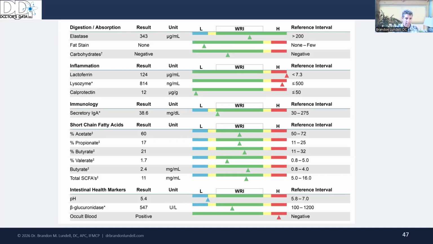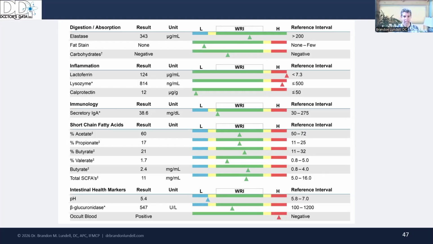Here are your short chain fatty acids, butyrate being the most important clinically, and your total short chain fatty acid. Again, my cutoff ranges are different. A healthy butyrate level for me is above 2.5. If it's lower than that, I may consider more probiotics and/or butyrate supplementation for a while.